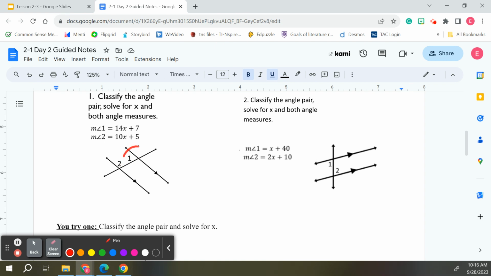Angle 1 is 14x plus 7, and angle 2 is 10x plus 5. They're inside, so these are same side interior angles. Since they are same side interior angles, the sum is equal to 180 degrees.